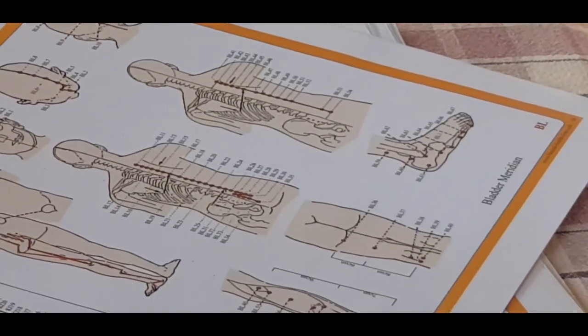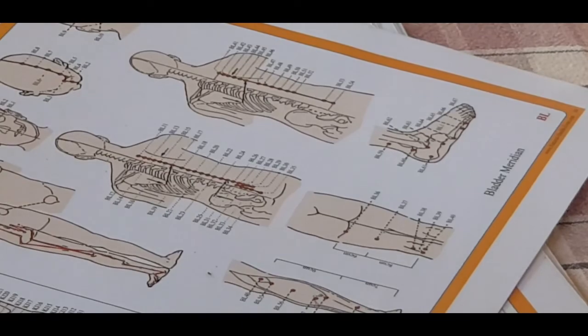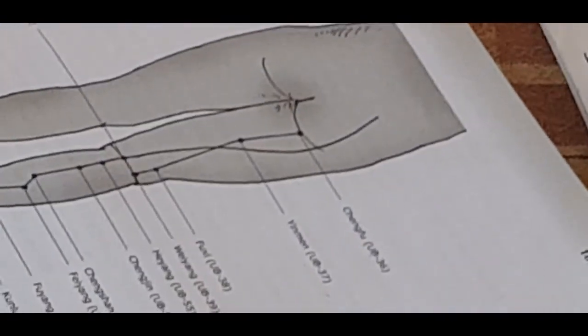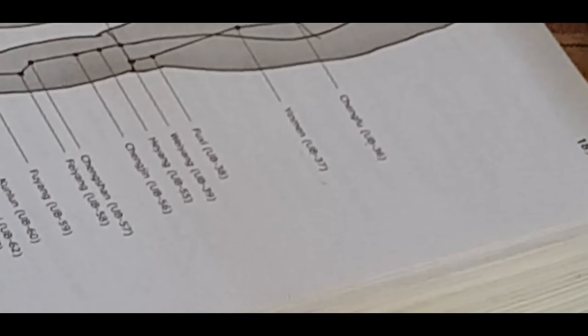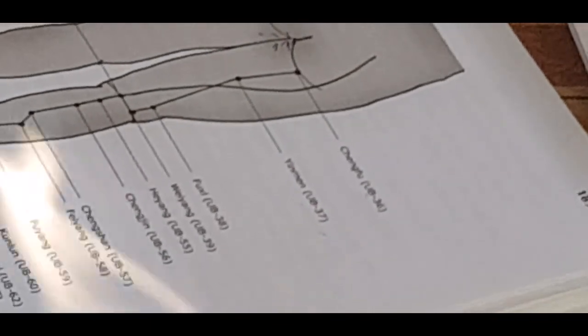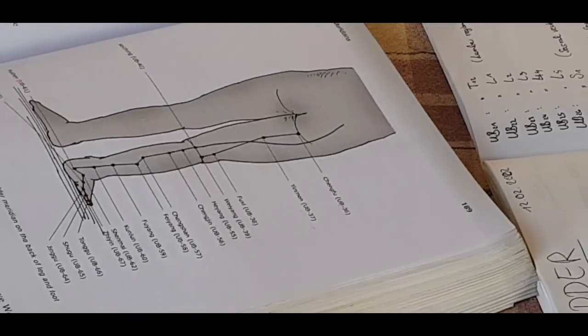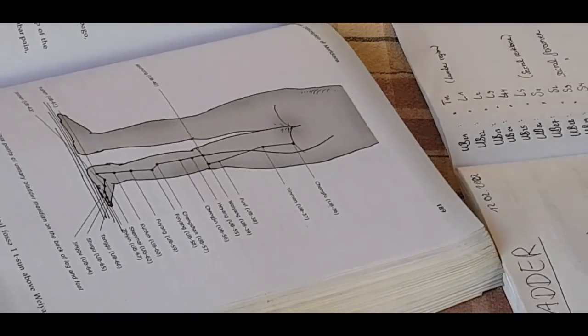Two tune below that point is your UB37. It runs at the thigh level, the posterior part of the thigh, where the hamstring muscles are. It is running in that line, the posterior compartment of your thigh.